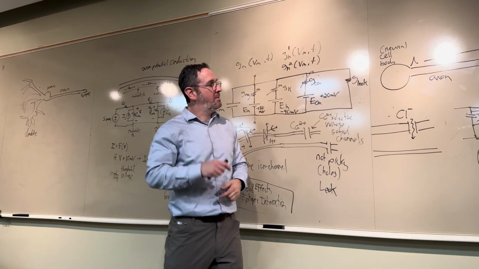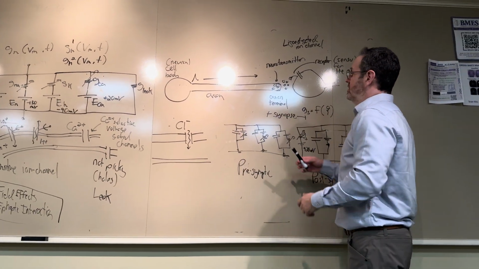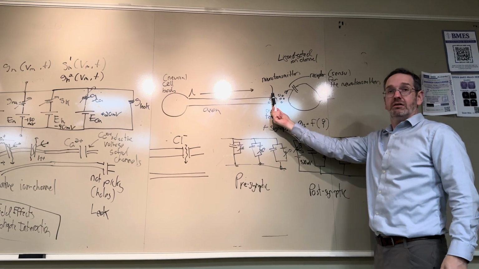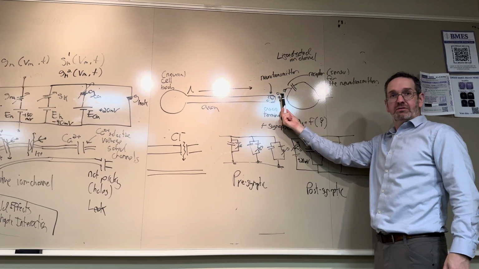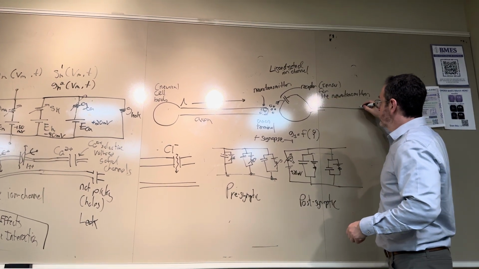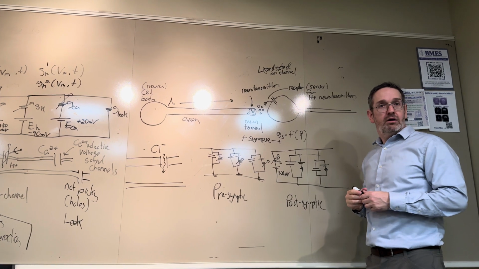Because you could say, okay, so you have an action potential here, and the action potential gets here. The neurotransmitter is released, you generate an action potential here, and then the action potential keeps going, right? And then what would happen?